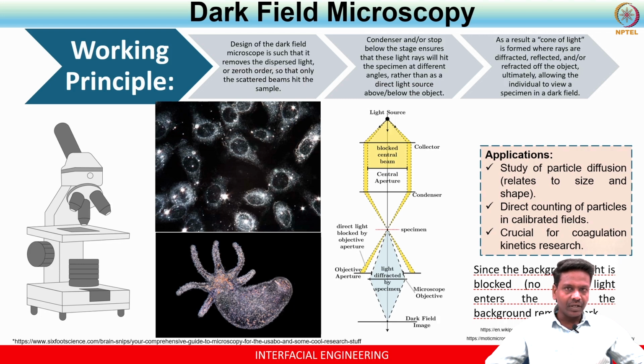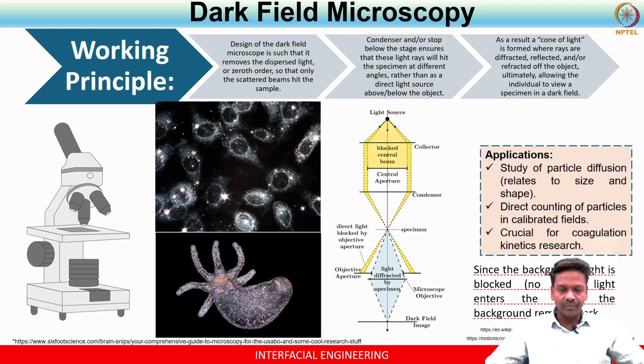In this way, only the specimen, or whatever light is scattered from the sample, is collected. The rest of the information is blocked. That's why the specimen appears bright, whereas the background appears dark in this case.